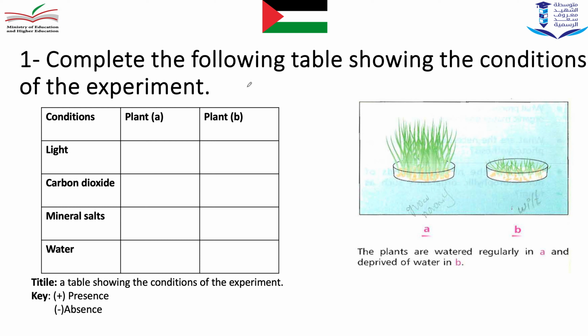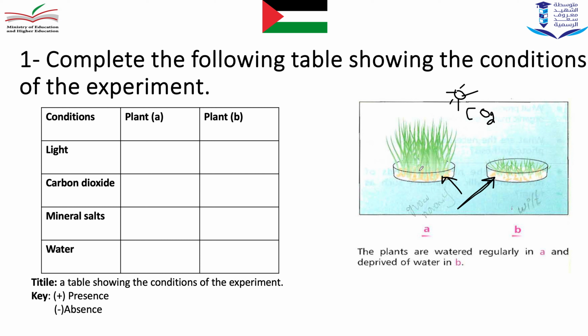You have to know how to draw a table and put the experimental conditions of this experiment. Here both plants have the same CO2 because they have the same air. Both of them have sunlight, and both of them have the same mineral salts.